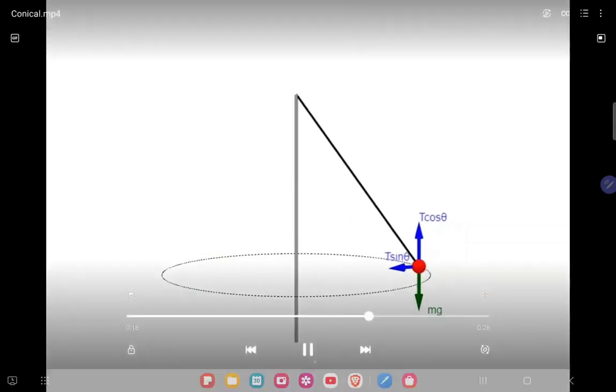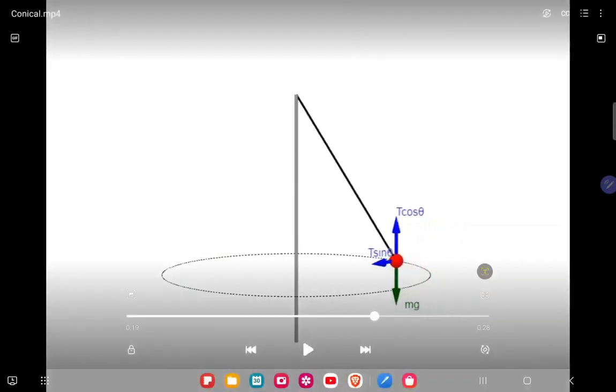Now to work with this, let's analyze the tension. If this is theta here, so this will be theta here. This is the tension.